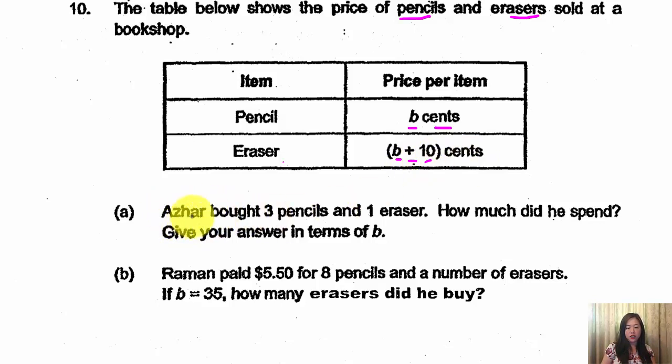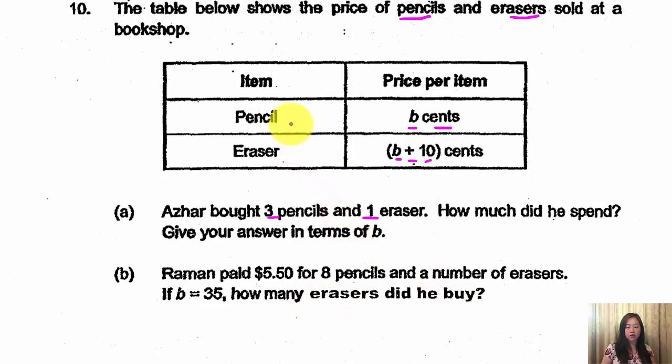A. Aisha bought 3 pencils and 1 eraser. How much did she spend? Give your answer in terms of B. B. Raman paid $5.50 for pencils and some erasers. If B is equal to 35, how many erasers did he buy?